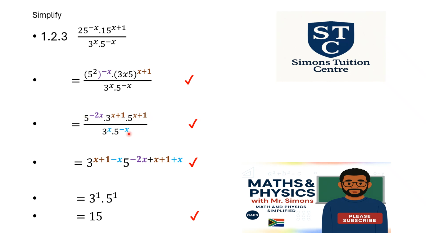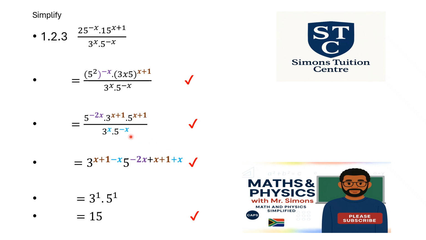But if I come below the division line, remember second law says I subtract exponents. So by subtracting exponents, we're simply changing the sign of the exponents at the bottom. So base 3, x plus 1 stays the same. Below the division line, positive x becomes negative x, because we're subtracting exponents. Base 5 on the top, everything stays the same, so that is negative 2x plus x plus 1.